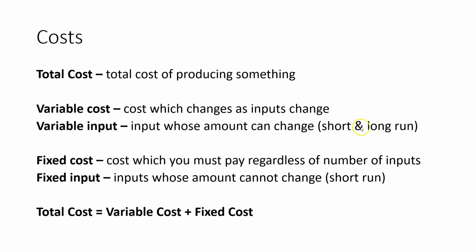The long run, on the other hand, is now going to be defined as a time period, a year or more, in which all inputs are variable. Very big distinction here. In the long run, all of our inputs are variable. In the short run, we have fixed and variable inputs.